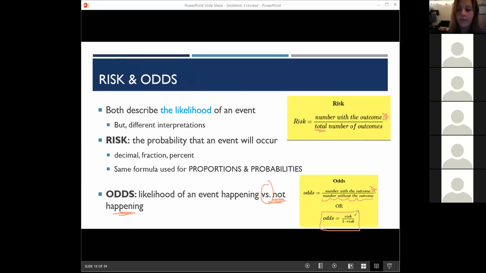Because if you think about it, remember, our risk is the same thing as our number with the outcome, and then 1 minus risk is going to be the number without the outcome, if this makes sense. So those are just two different ways we can describe likelihood of events happening.